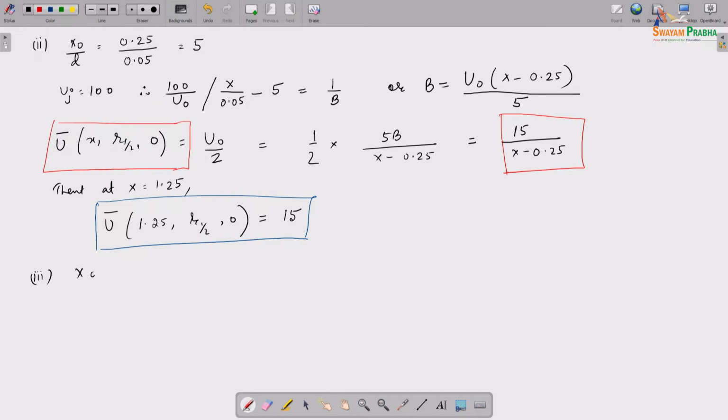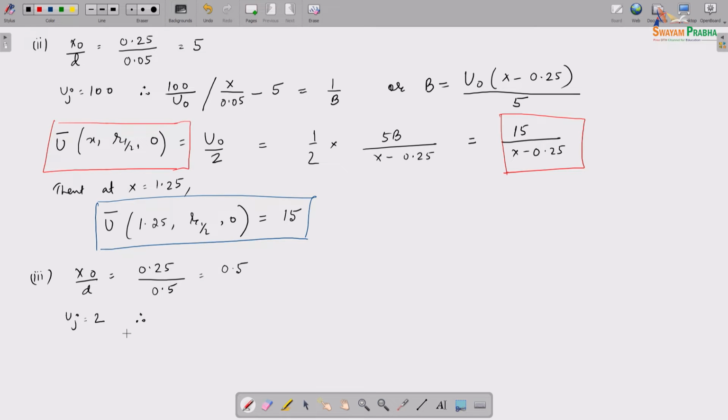Okay, here x naught by d is equal to, right, so this is equal to that. Okay, now uj is equal to 2, right.